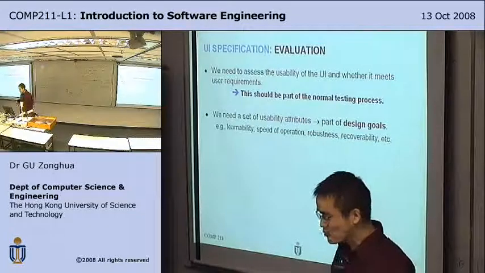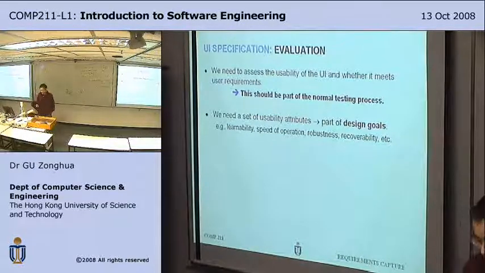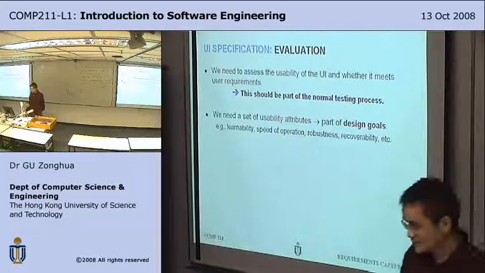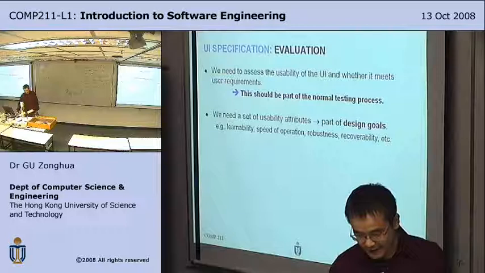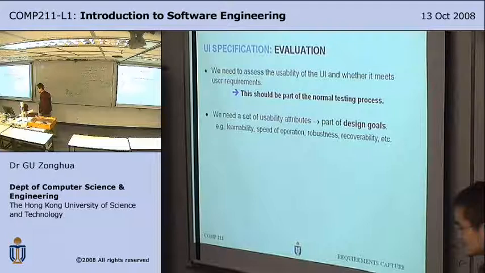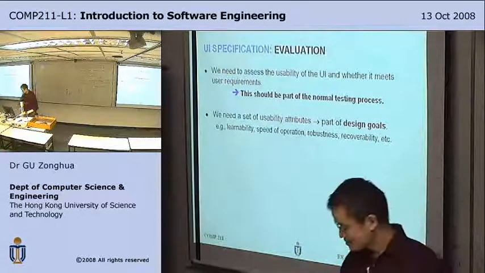Is the system so awkward to use that the speed is very slow, or does the system help the user? Robustness. Do you have many errors? Recoverability. So if the user makes errors, can the system recover, or can the user kill the system by using the system?